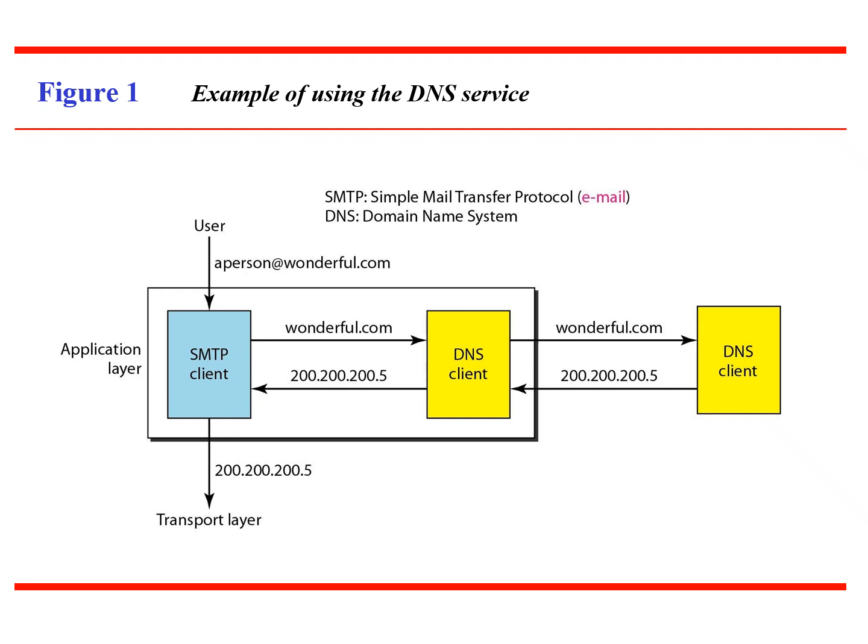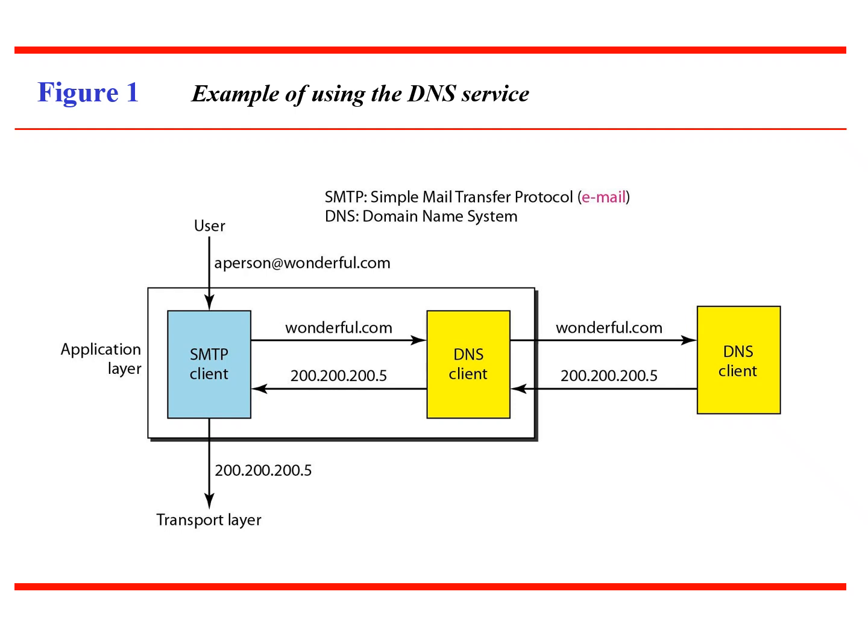I need to identify the IP address of wonderful.com. If that DNS server has it, it gives the IP address. Once it gets the IP address, it is forwarded to our DNS client. Then our DNS client sends it to the SMTP client, and the SMTP client in turn sends the mail to that particular IP address.